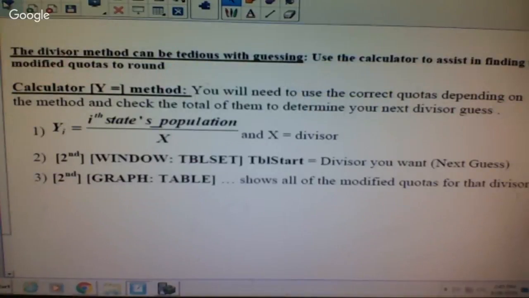Okay, so if you ever forget how to enter all this into your calculator, at the bottom of this page, you will find all that information. Y equals, you need to put upper state population divided by X. That tells your calculator to divide by what you put in the table start. Go to second window, which is your table start, put in the divisor you want, and hit second graph, and that takes you to your table.